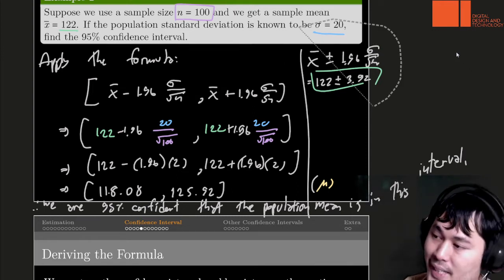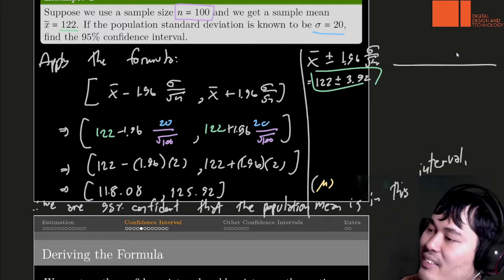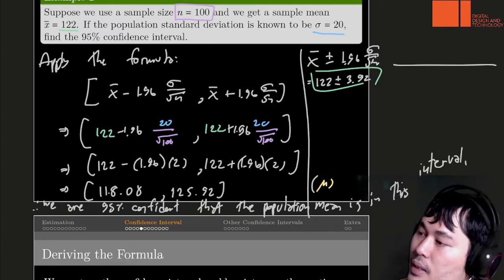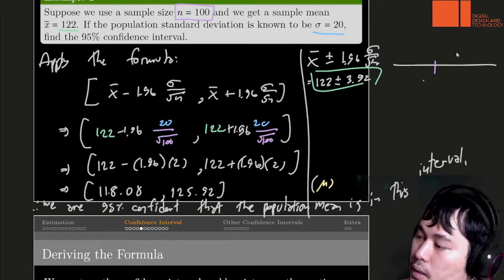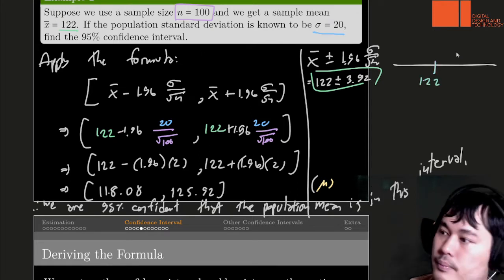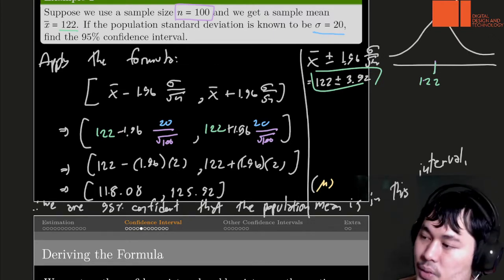And if you want to visualize the process behind this, you have this curve where the sample mean is 122. We have this nice curve that we can produce using this sigma and this n.